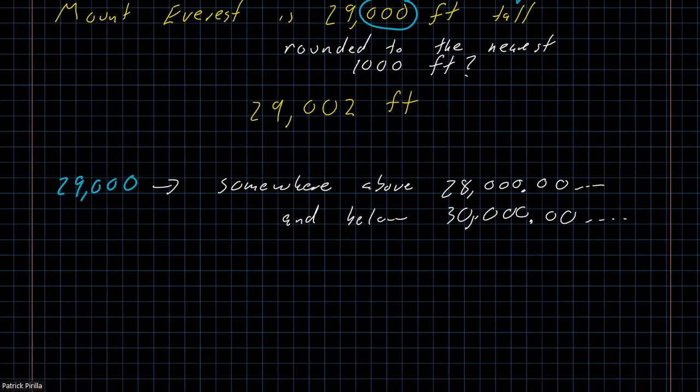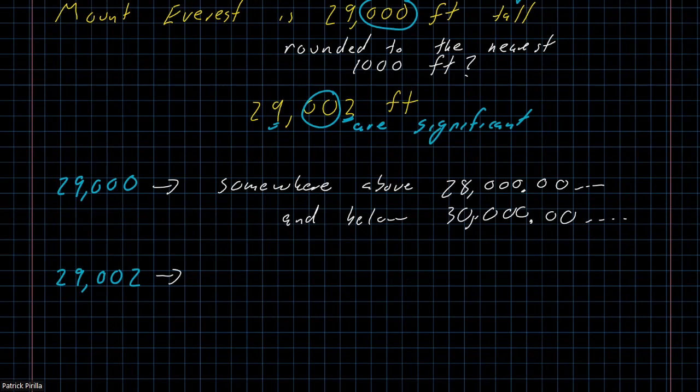If we measure 29,002 feet, in this case, the zeros here are significant. We say that they are significant because they are sandwiched between non-zero values on both sides.